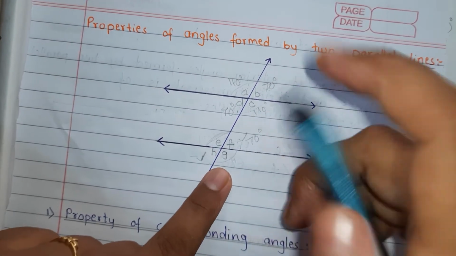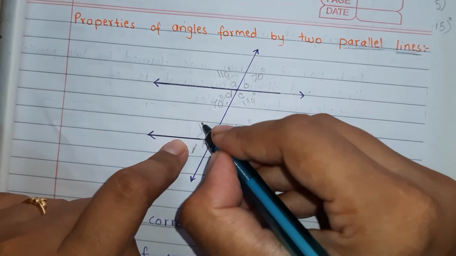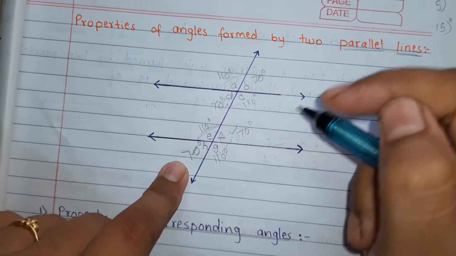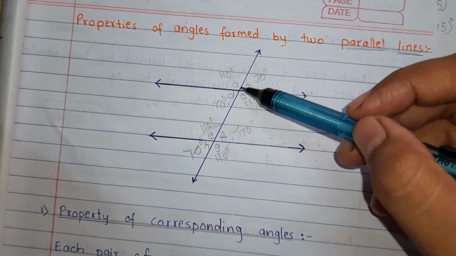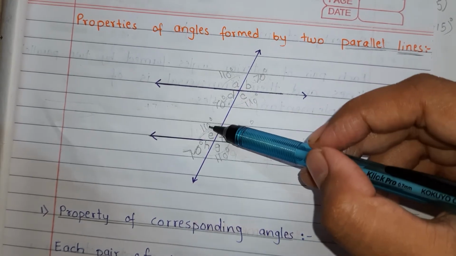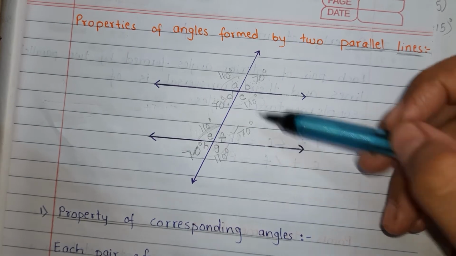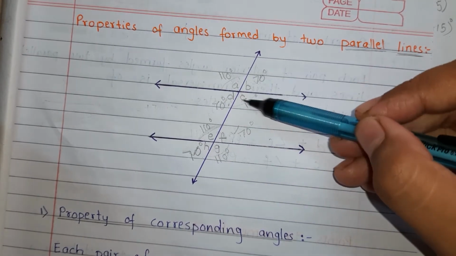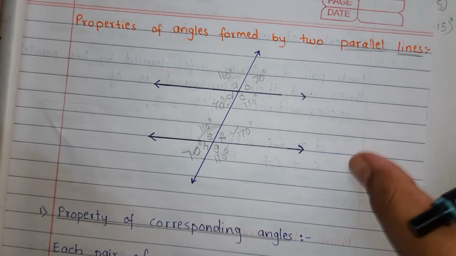Now this 110, this also 110, corresponding. So in 8 angles there will be only 2 numbers. One will be for obtuse and the second number will be for acute angle. All acute angles will be of same measurement, all obtuse angles will be of same measurement. This you have to remember.